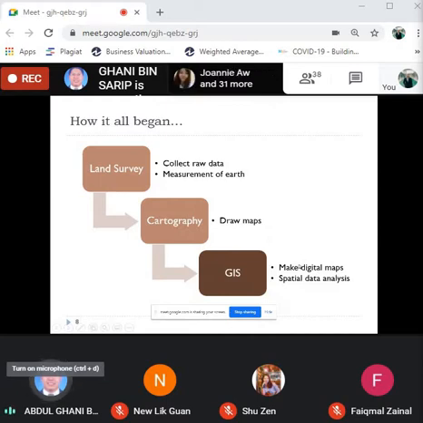Of course, over time, we wanted to utilize technology to enhance the capabilities of the map, and of the data on the map. There are a lot of advantages when we utilize GIS. It can easily update information on the map by putting in new information, which could also be sourced from other resources.